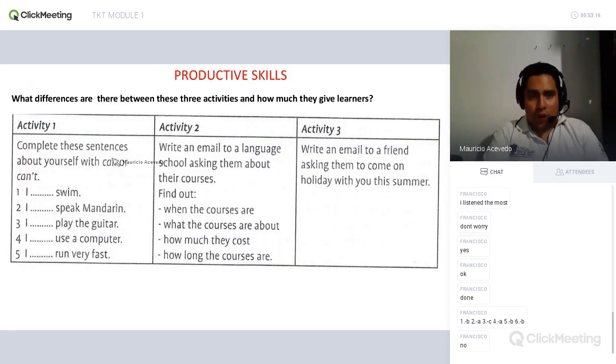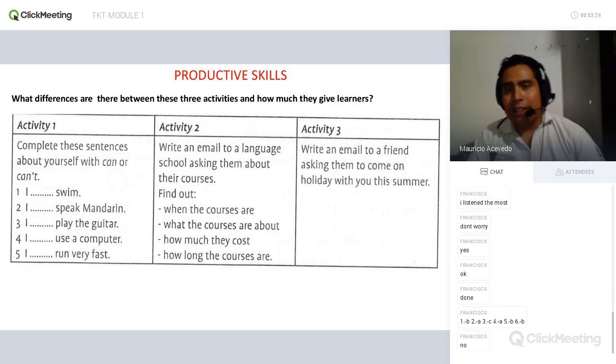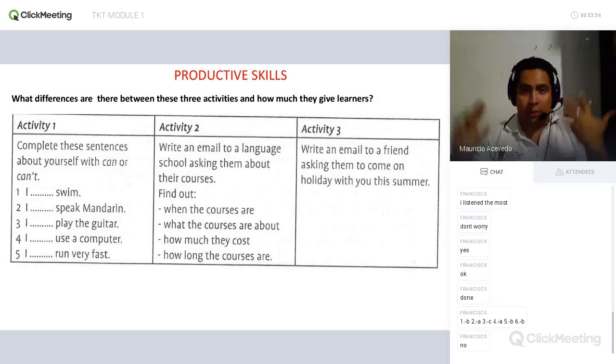I'm gonna ask you, Francisco, what differences are there between these three activities and how much freedom they give learners? I mean, are students leading, can they do whatever they want using the language, or are they controlled? So here we have activity one, two, and three.